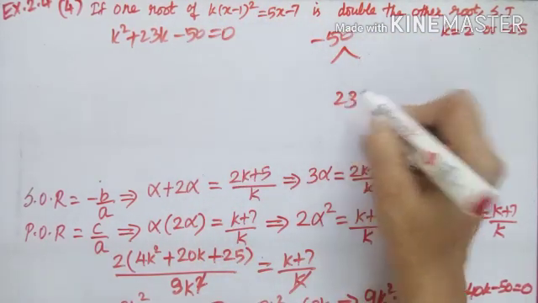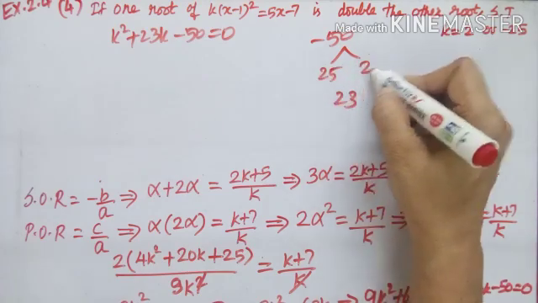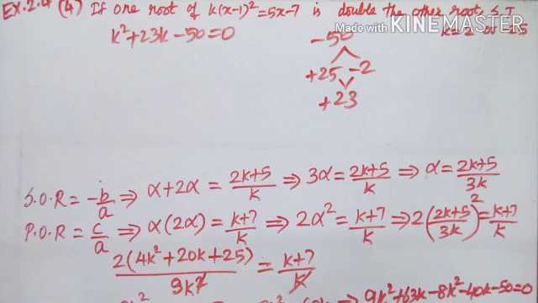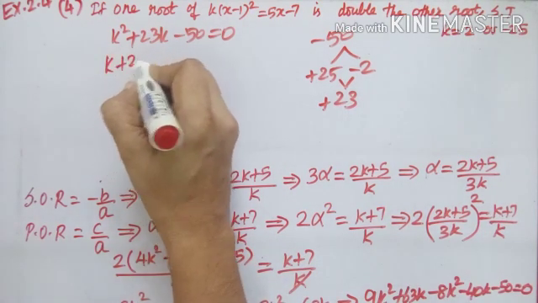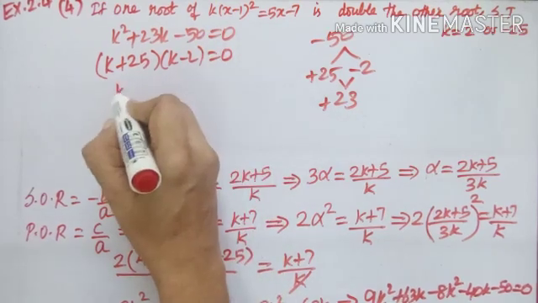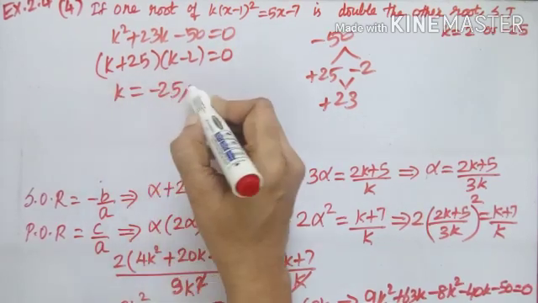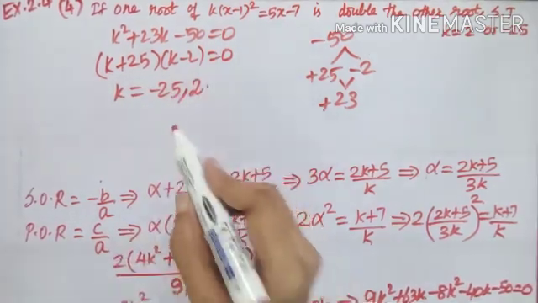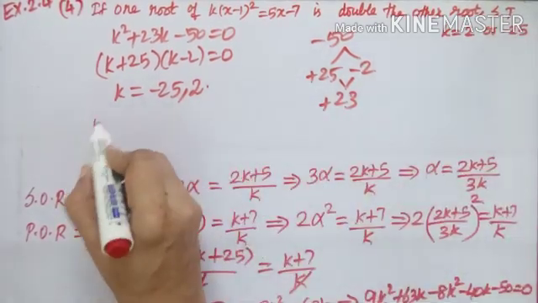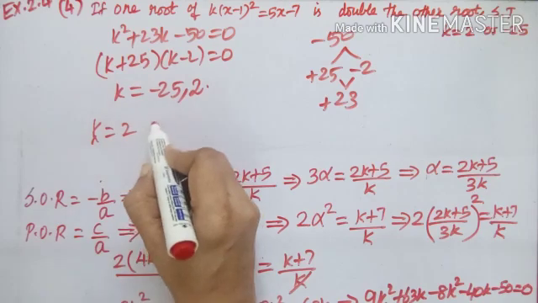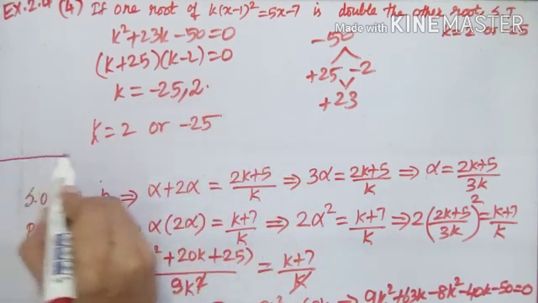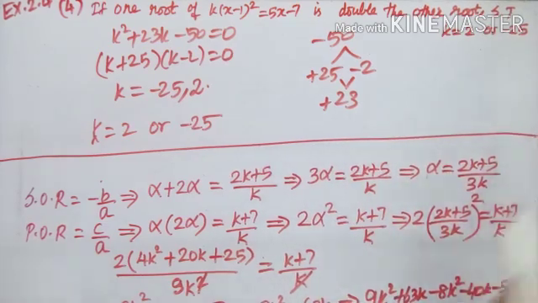Minus 50 and 23 tells me 25 and 2, with signs plus and minus. So I get k plus 25 into k minus 2 equals 0, or k equals minus 25 and 2. That is the question. We need to show k value is 2 or k value is minus 25, and that's the end of the problem.